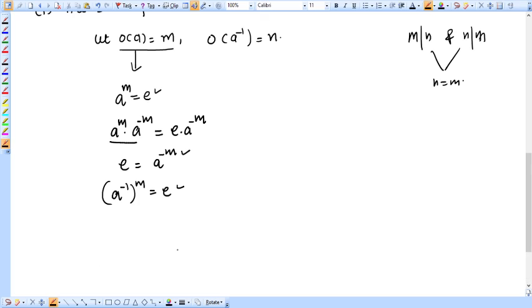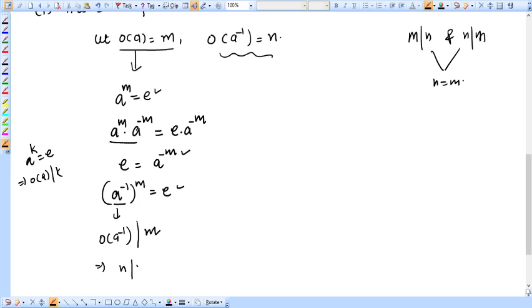But we know, in the second theorem, we saw if A power K is equal to E, this implies order of A divides K. So see here, this implies order of A inverse divides M. We have written here order of A inverse is N, so this implies N divides M.